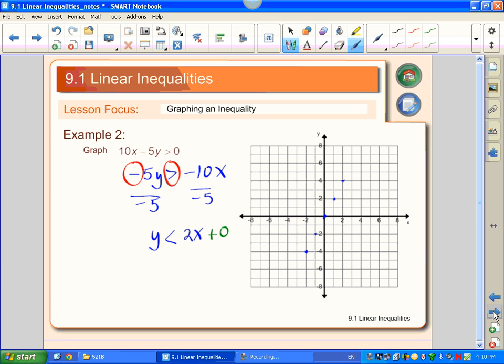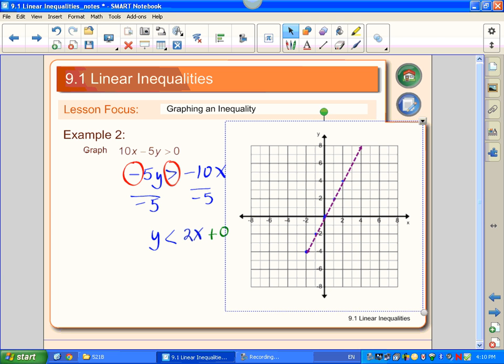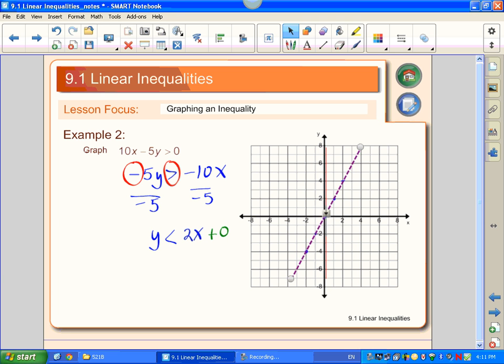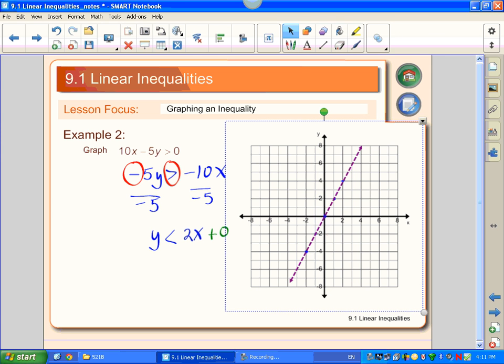The question we need to ask, is it a solid or a slotted line? In this particular case, we're going to have a slotted line. And I just find it easier, with the line that we have, that you extend it using the full part of your graph.